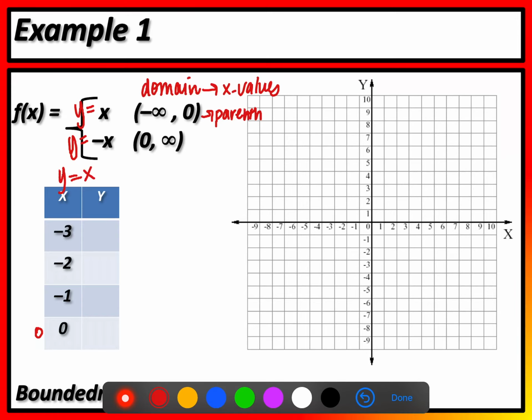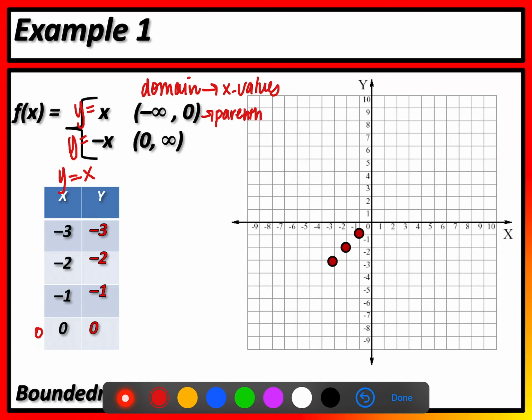All right, so this is my table for y equals x. I'm going to plug these x values that I've selected as per my domain into my function. Now I have those points that I'm going to plot on my graph. Everything inside the interval can be a closed circle.